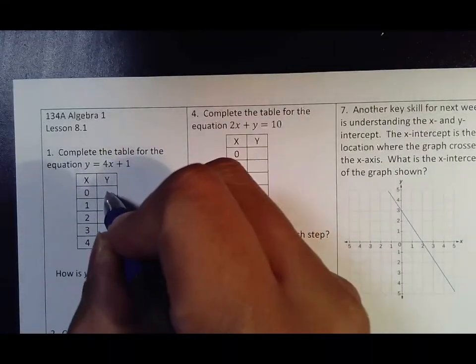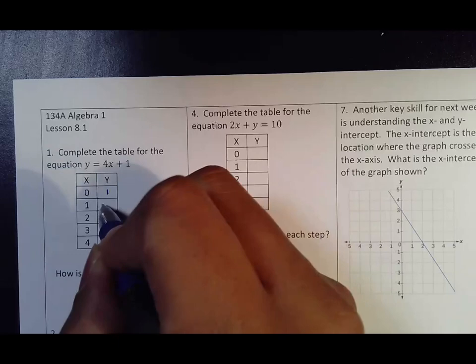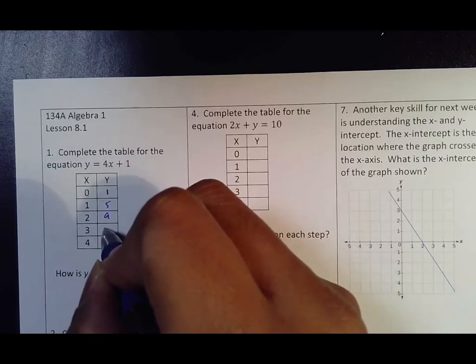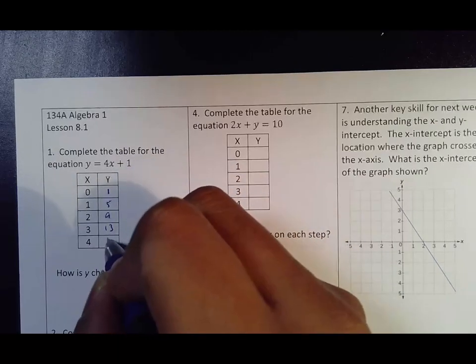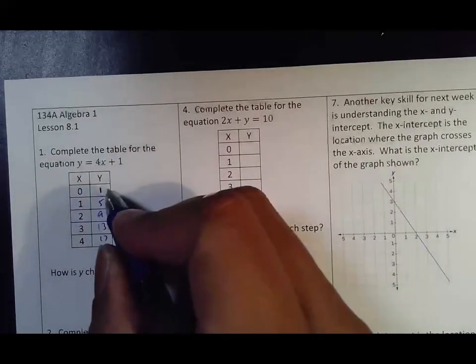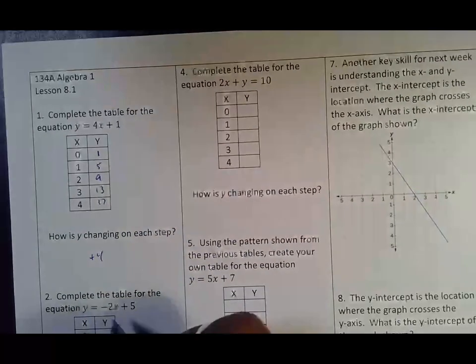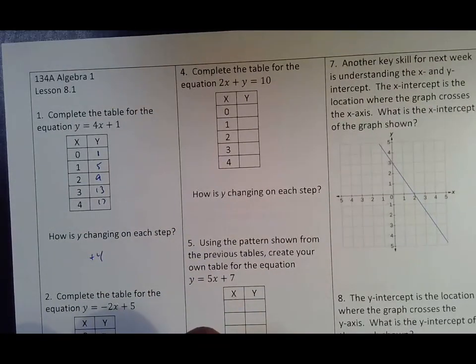This would be 1. This would be 5. This would be 9. This would be 13. This would be 17. Y is changing by adding 4. Here, that would be 5. This would be, what, 3? That would be -4, which would be 1.